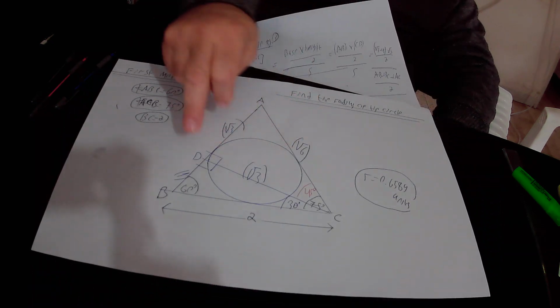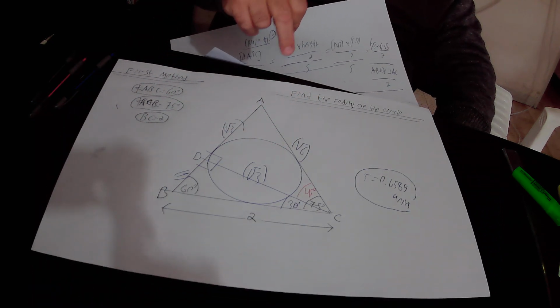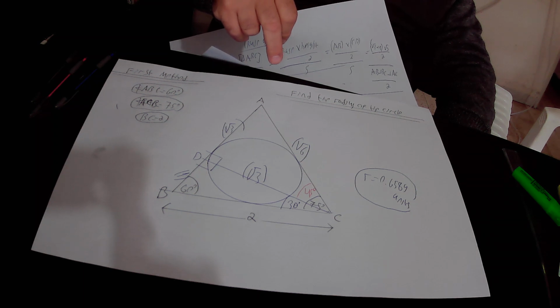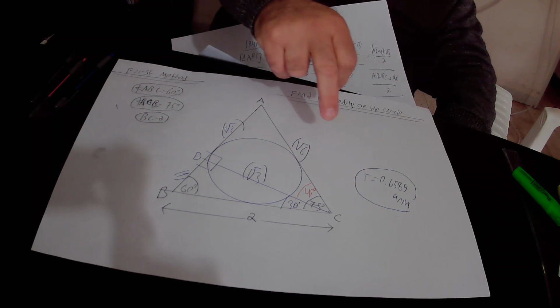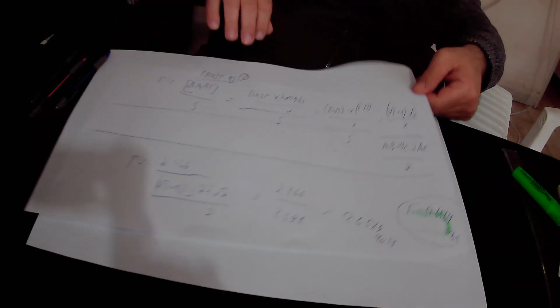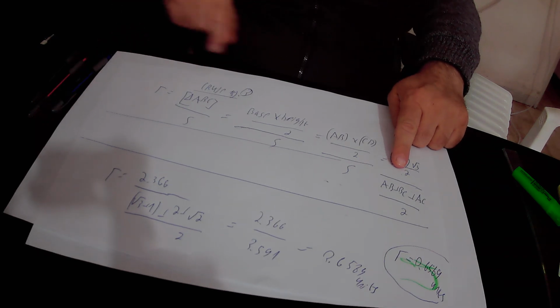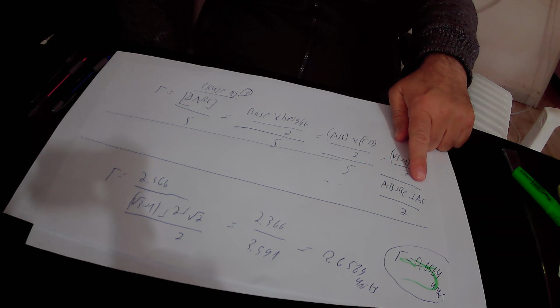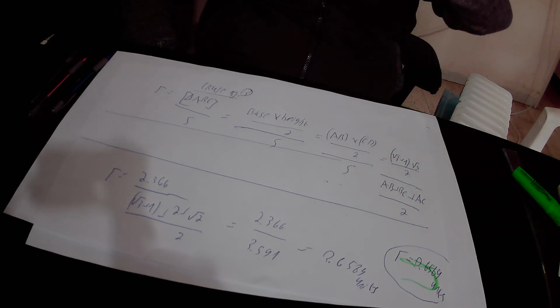The semi-perimeter of this triangle ABC equals the perimeter, that is AB plus BC plus AC, over 2.